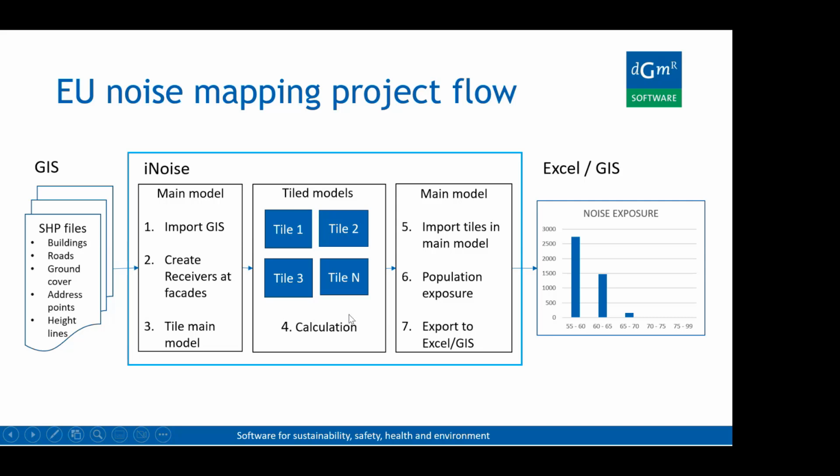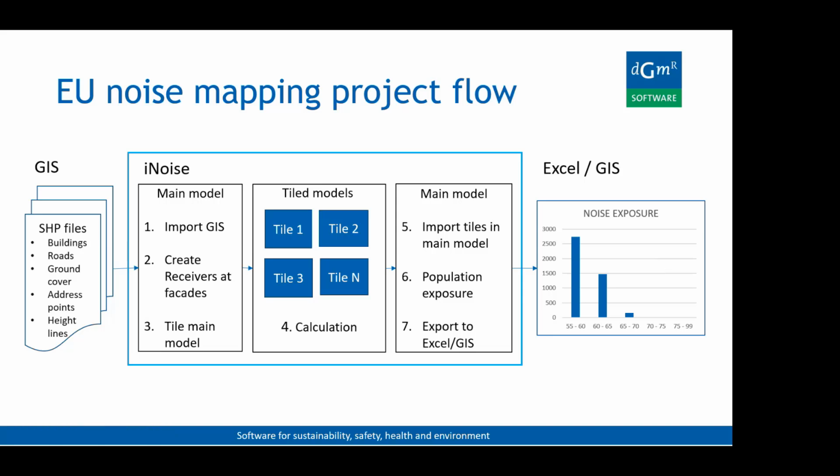So tiling is in some cases also convenient. You calculate the tiles, then you import those tiles in your main model again. There's an automated procedure in iNoise to do this. Then you calculate your population exposure in iNoise, and then you export that to whatever software to make your report of your noise exposure, your population exposure.